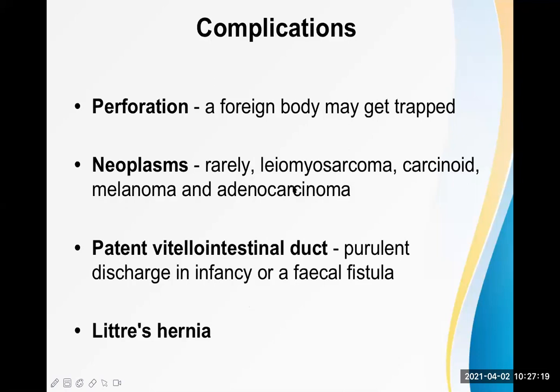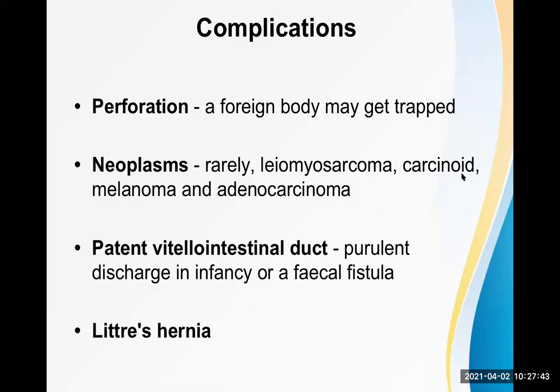Very rarely, a neoplasm can also develop from Meckel's diverticulum, especially a smooth muscle malignancy, which is known as leiomyosarcoma. Carcinoid: which substance is secreted by carcinoid tumor? Serotonin.